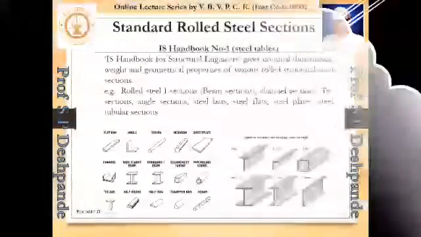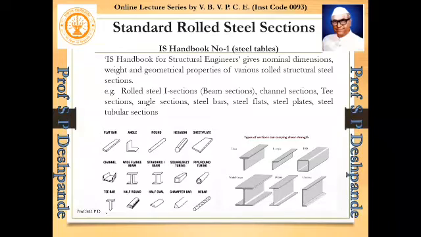Now these rolled steel sections, as you can see the various shapes of steel, we have flat bar, then we have round bar, we have hexagonal bars, then we have rebars which we normally use in reinforcement, then we have chamfered bars, half oval, half round, and so on and so forth.